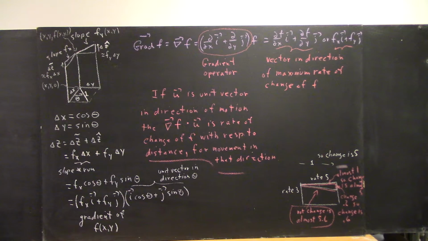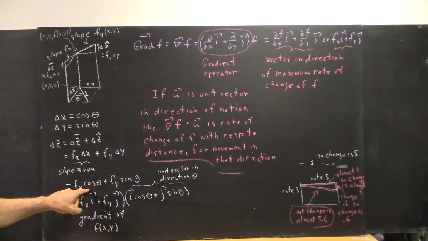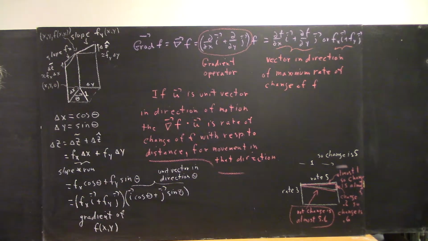And that's going to equal fx cosine theta plus fy sine theta, because, as we saw here, delta x is cosine theta and delta y is sine theta, when the hypotenuse is 1. So we have fx cosine theta plus fy sine theta.